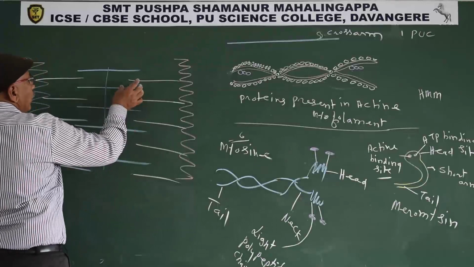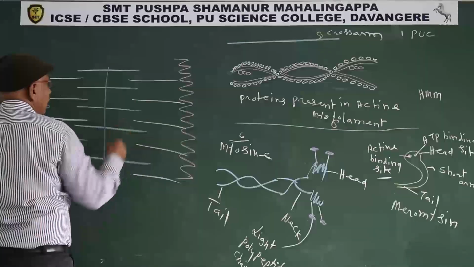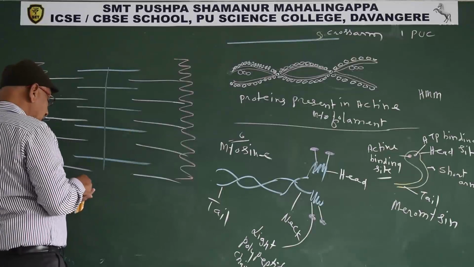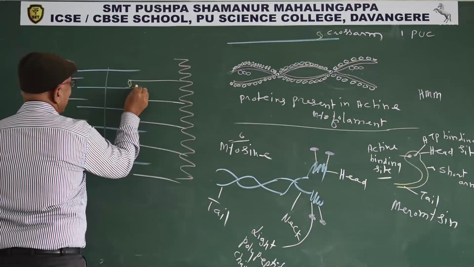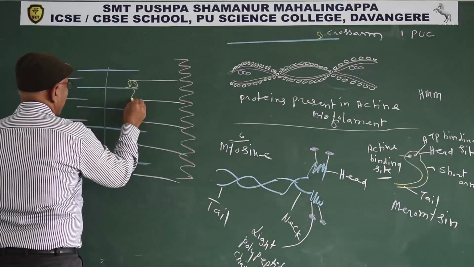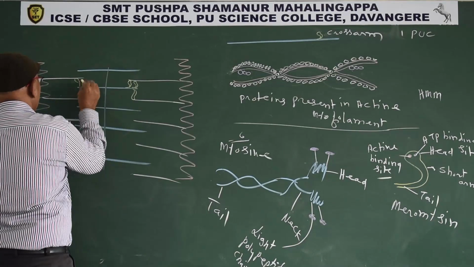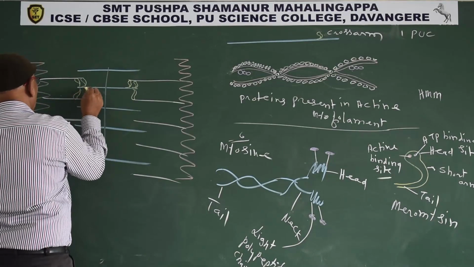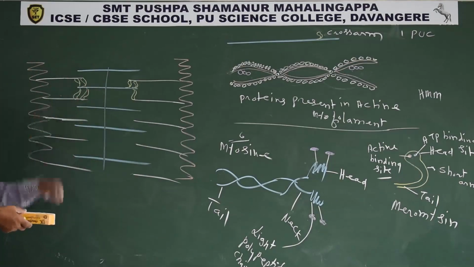We assume 300 meromyosins are present. 150 meromyosins, with the help of their heads, attach to actin filaments of one half of the I band. Another 150 meromyosin heads attach to actin filaments of the other half of the I band.